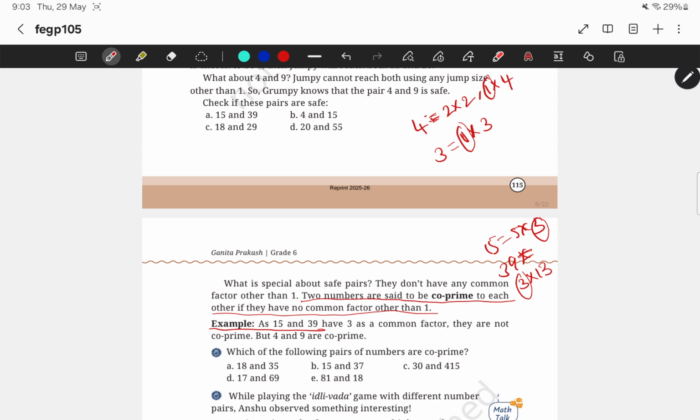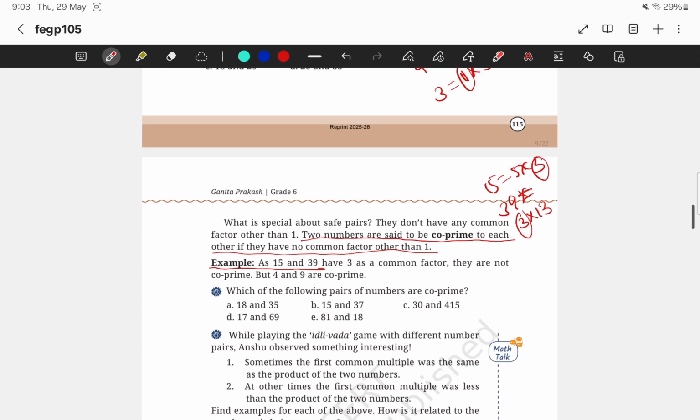We can't take 15 and 39 as co-prime numbers because there is a common factor other than 1. For co-prime numbers there should be only 1 as a common factor. Otherwise, they are non-co-prime numbers.